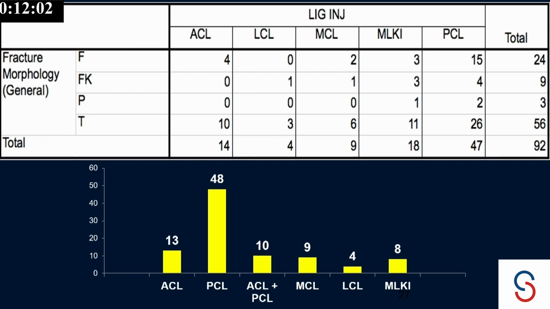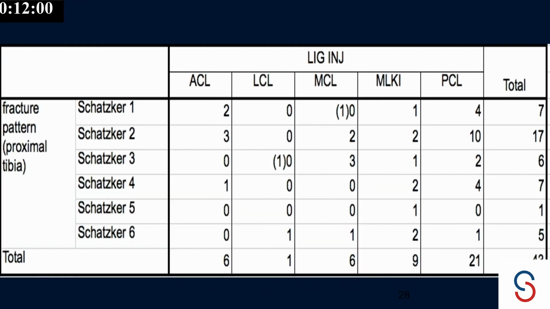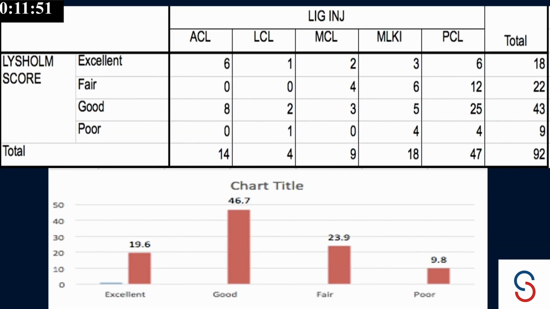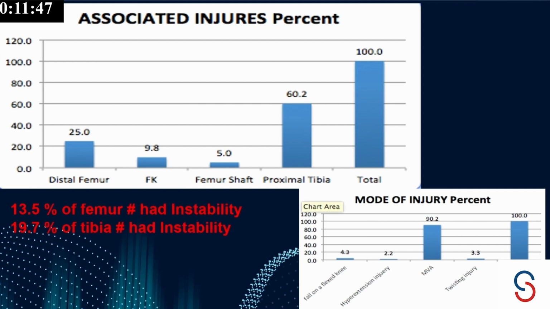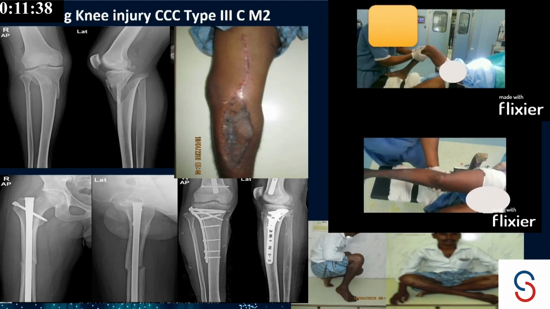So if we try to identify them, we will be able to give gratifying results. These are the various types of Schatzker fracture with the different types of instability patterns here. Since we are able to identify them early, we are able to give gratifying results for these complex injuries. We have noticed that 13.5% of femur fractures had instability, and around 20% of tibia fractures have instability.